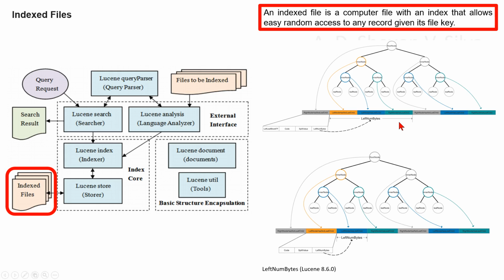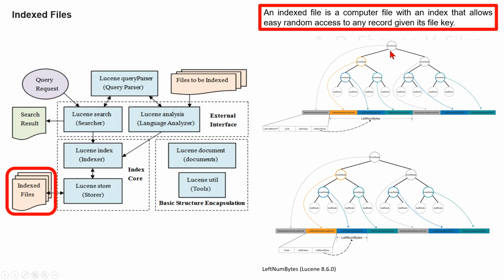The left num bytes describe the total size of one inner node's left subtree. It makes a reader can skip to the position of the inner node's right node in the .kdi file, and its left node is just in the next position.